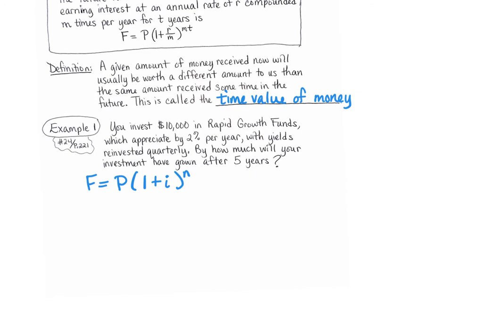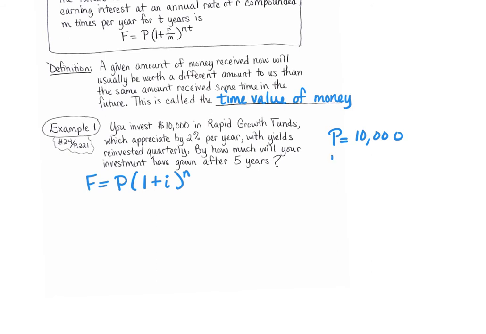Now let's write out the information that we know. P is equal to 10,000 because we invest $10,000. It appreciates by 2% per year with yields reinvested quarterly.